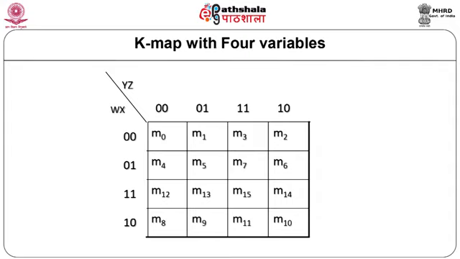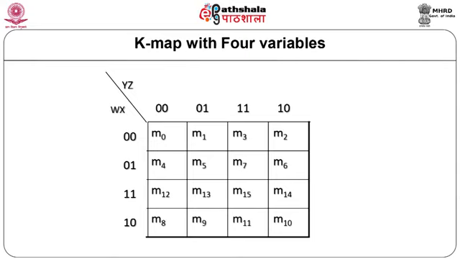Now, while simplifying, 1 square represents a minterm of 4 literals or variables. A rectangle of 2 adjacent squares represents a product term of 3 literals. A rectangle of 4 squares represents a product term of 2 literals.